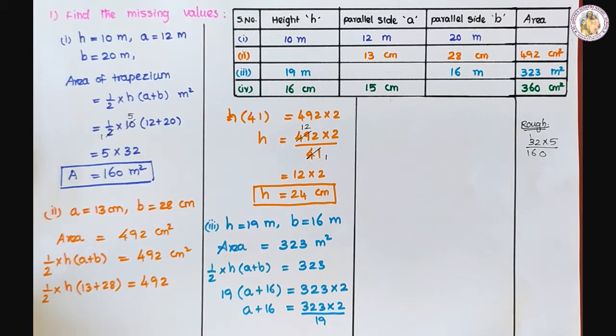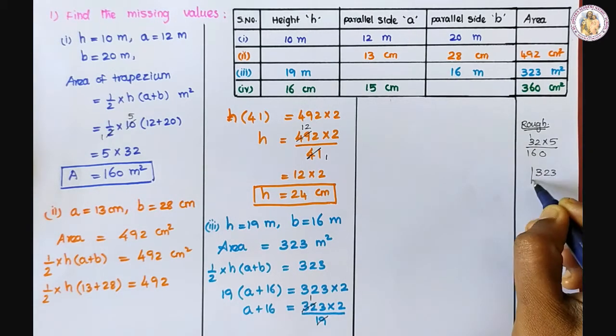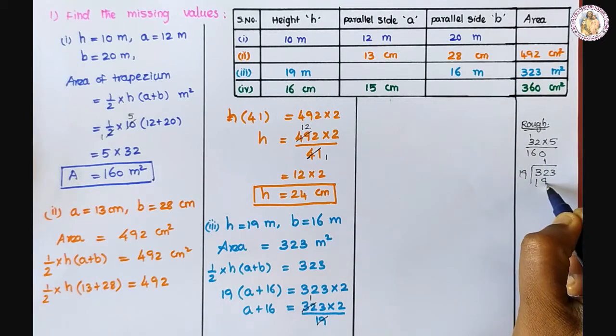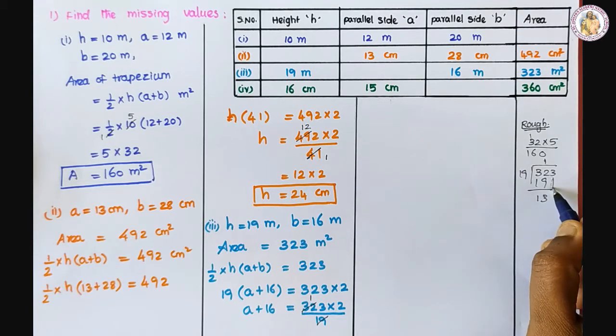Next thing, cancellation. 1 19 is 19, balance 13. Divide 323 by 19: 1 time 19, balance 13.